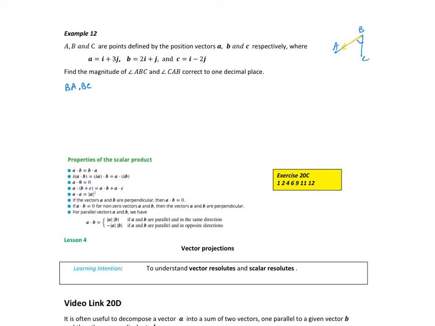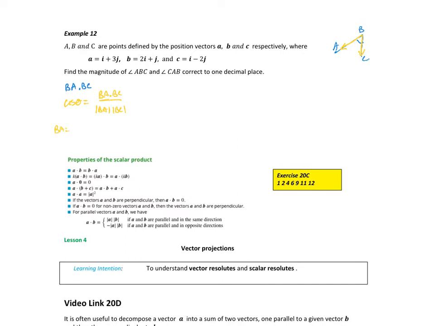Those are the two vectors I'm interested in. So cos theta is BA dot BC over magnitude of BA, magnitude of BC. We have to work out BA and BC first.